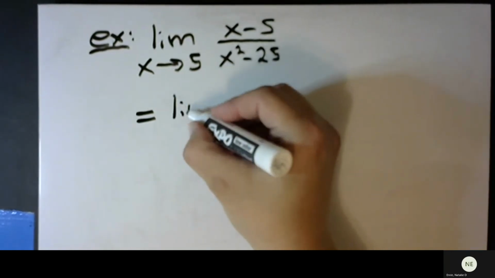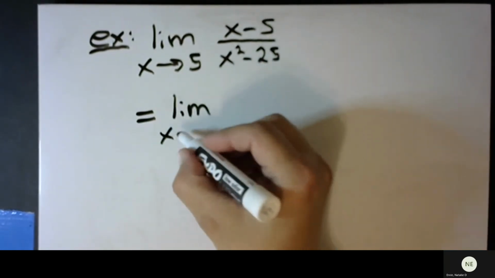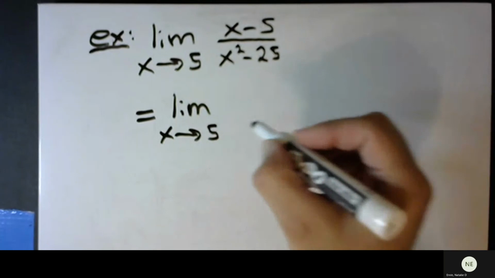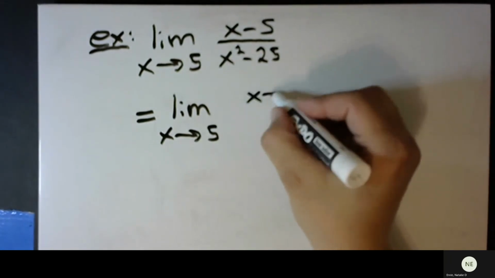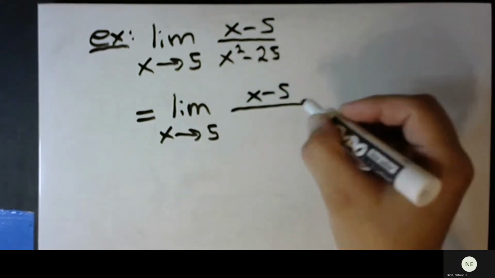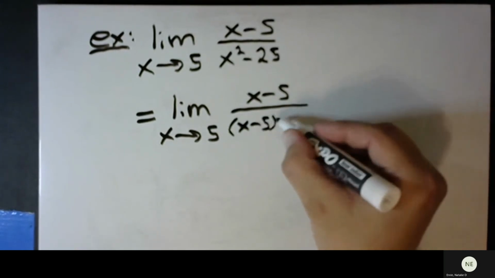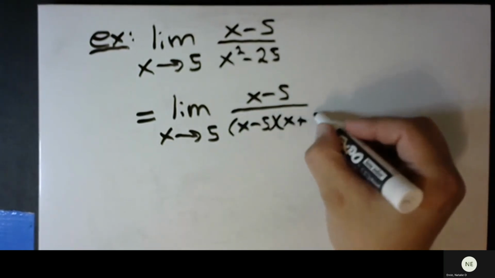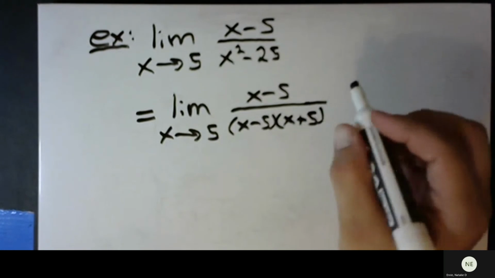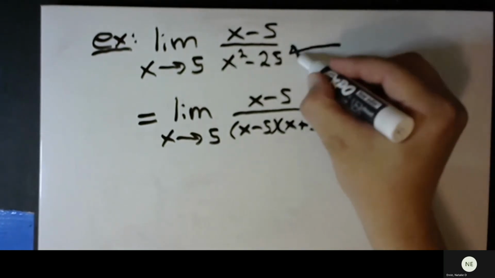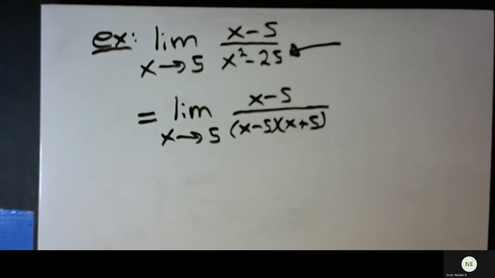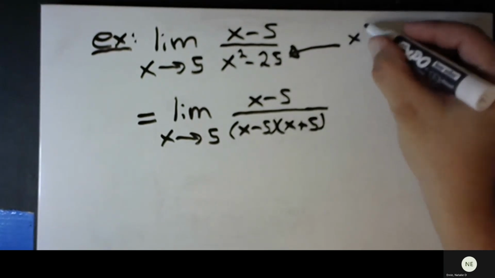So we can write, if x minus 5, and this will be x minus 5, x plus 5. This is again where in calculus you get to do that algebra review. This is a difference of squares.